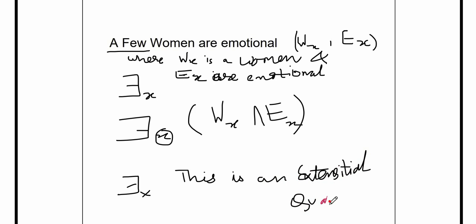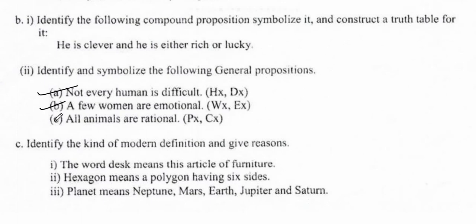You write the entire sentence and then say that it is of existential quantifier type, because this proposition is of existential quantifier type. So this would be our second form, this is the third part, and this is our first part, where we first explain what is Wx and Ex, and then we symbolize it, and then we explain what type of proposition it is. Now let's go on to the third one.